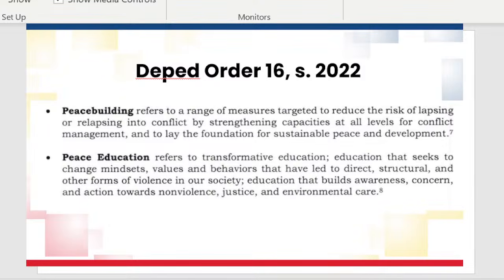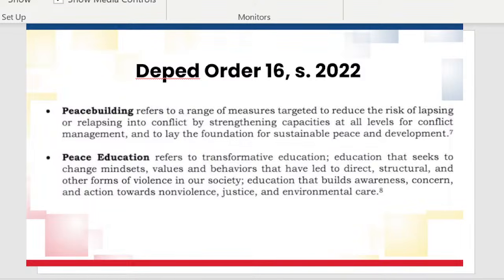This is to reduce the risk of conflict. Peace education refers to transformative education, education that seeks to change the mindset, the values and behaviors that have led to direct, structural and other forms of violence in our society.